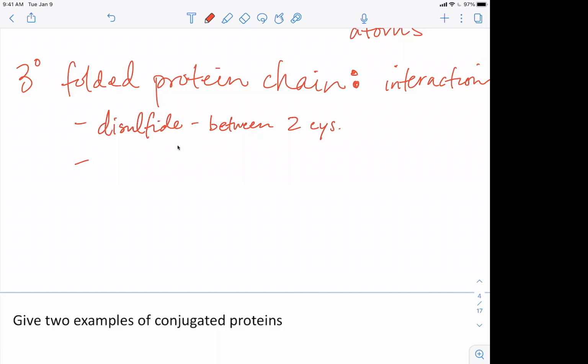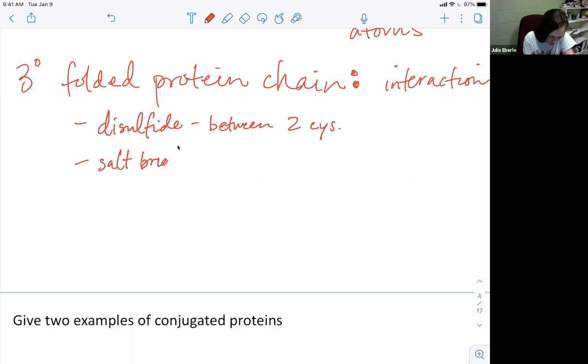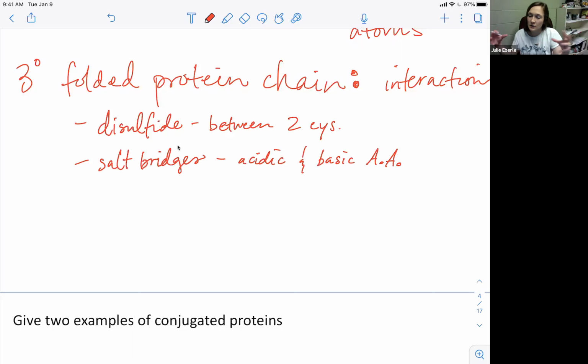Is salt bridge one? Salt bridge, thank you, Maggie. These occur between acidic and basic amino acids. Because you've got the plus charge and the minus charge. The acidic have a negative charge. The basic amino acids have a plus charge on their side chain. So those electrostatically are attracted to one another.